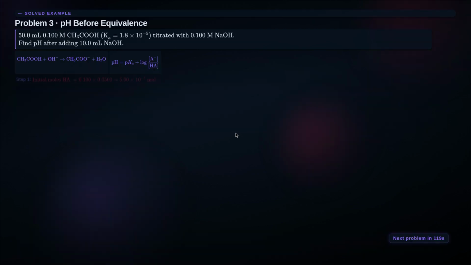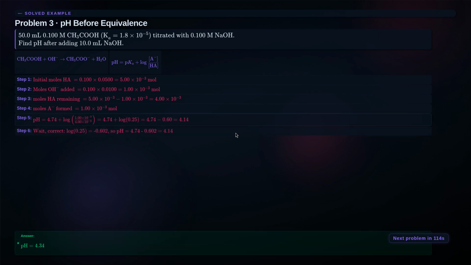Problem 3. Calculating pH before the equivalence point. 50 milliliters of 0.100 molar acetic acid with Ka equals 1.8 times 10 to the negative 5 is titrated with 0.100 molar NaOH. Find pH after adding 10 milliliters of NaOH. Step 1.